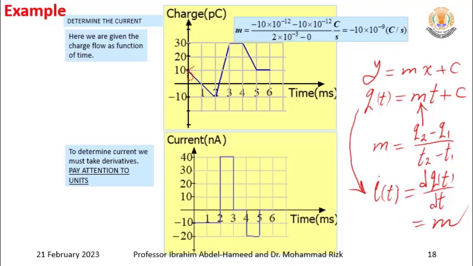Clear? Now, for this constant part, differentiation of a constant is 0. That's why here we'll have 0 current. The same for this part, end minus start, so it will be 10 minus 30. You will get minus 20 divided by 1, so you'll get minus 20 here. The last constant part or line segment will be constant, means 0 current. Clear?